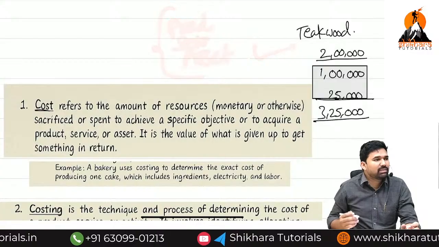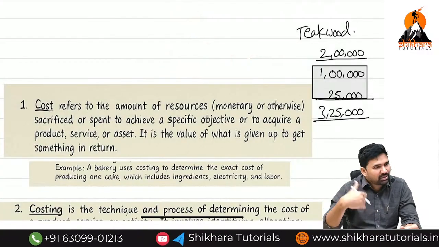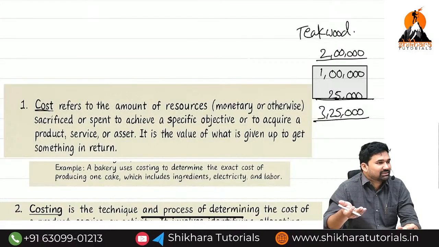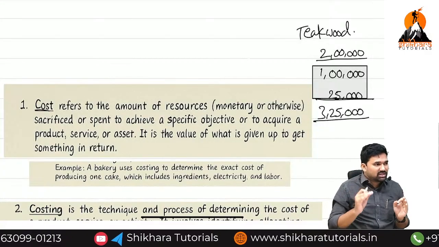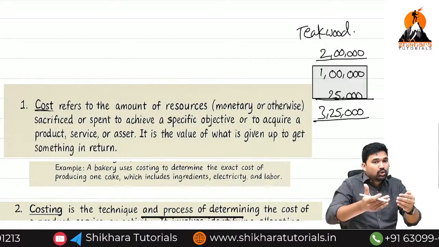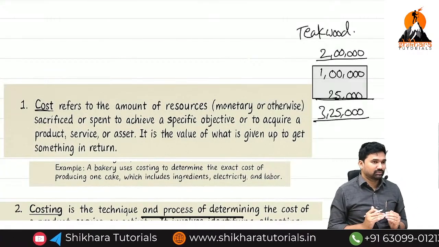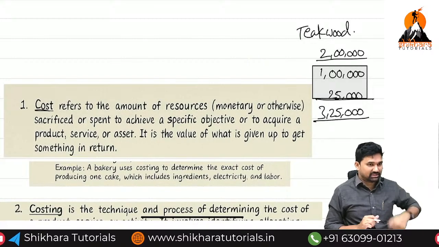The outcome may be a product, a service, or an asset. So irrespective of the outcome, the cost definition is the amount of money you spent or sacrificed to achieve the objective.